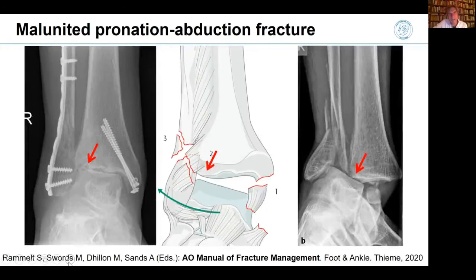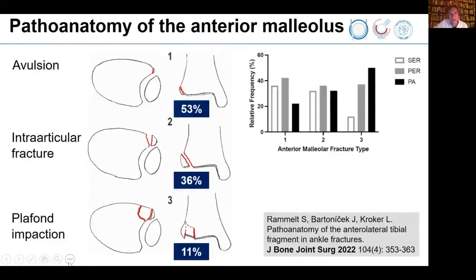And probably this is a result of a pronation abduction type fracture, where the talus impinges on the distal tibia and produces some impaction there.